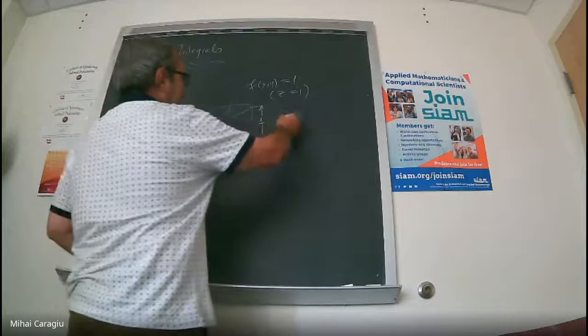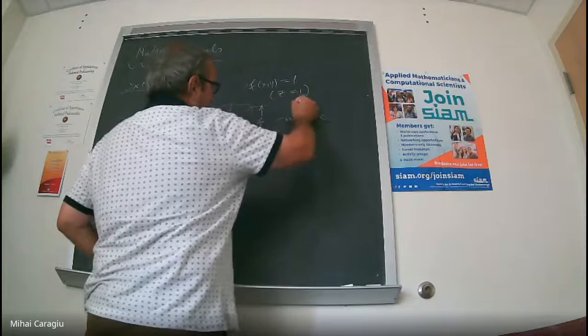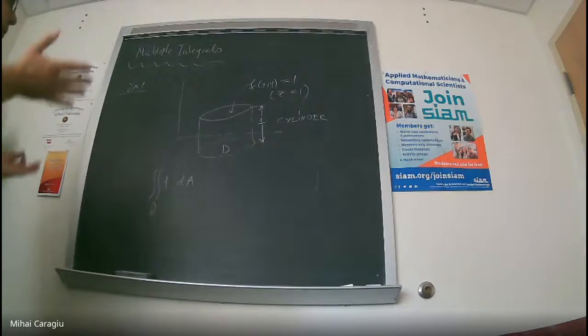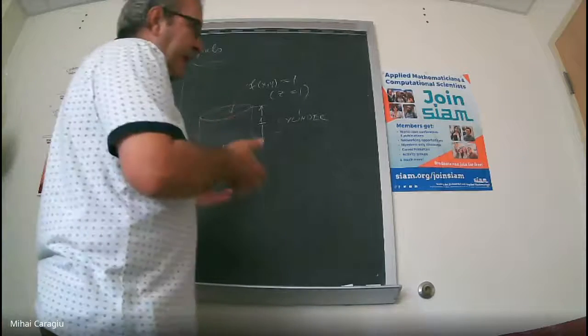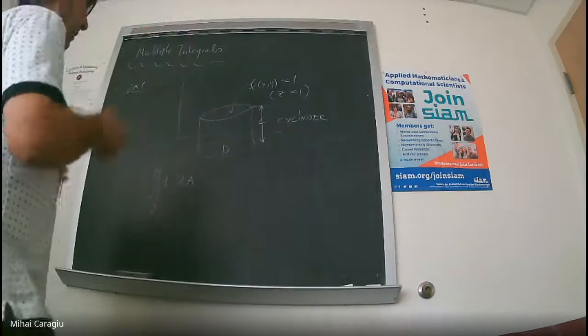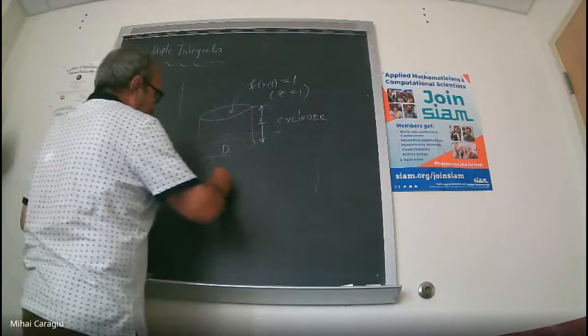What is this? It's a cylinder. Everybody knows that the volume of the cylinder is area of the basis times height. Like, for example, the volume of the pyramid is area of the base times height divided by 3. But in this case, we have a cylinder.